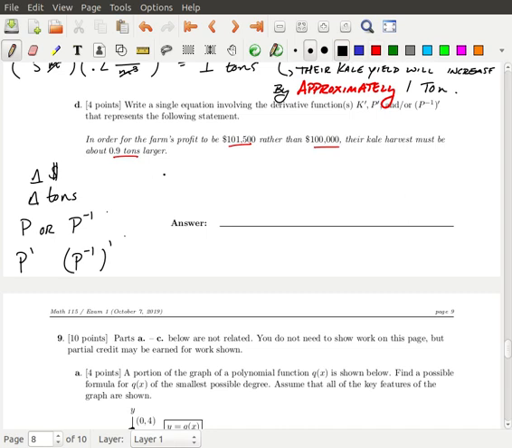We want to be talking about evaluating a derivative at like 100, so 100,000, right? So we want the function that's going to take in thousands of dollars and produce some ratio of change in dollars and change in tons. So it's going to take in thousands of dollars. Which one of these takes in thousands of dollars? Well, P took in tons, spit out dollars.